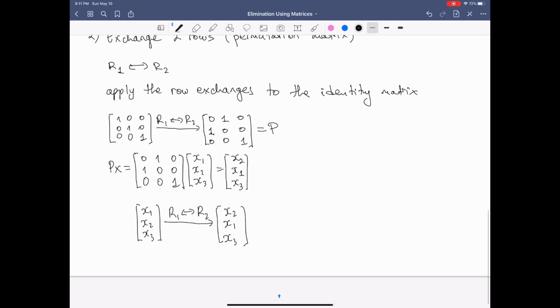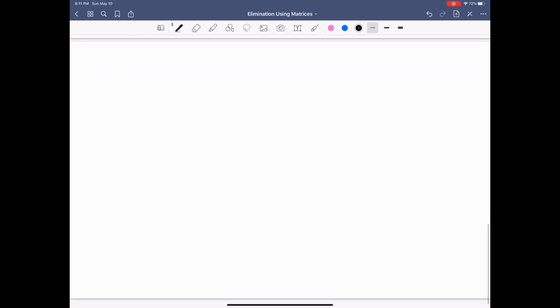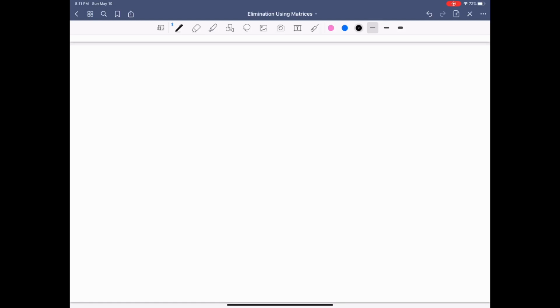One last type of elementary row operation, which we haven't used so far, but we will use soon enough. This would be to multiply a row by a constant, for example, constant c.